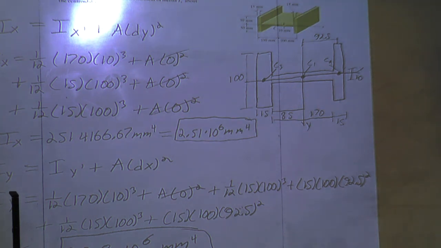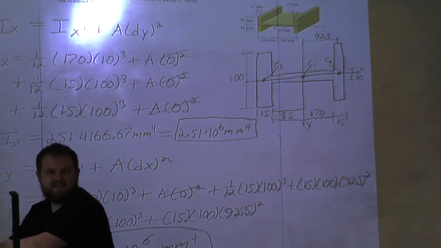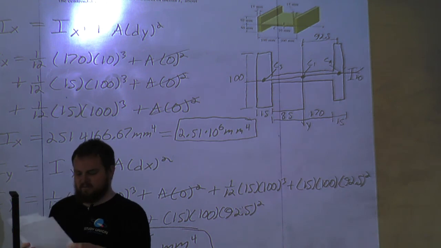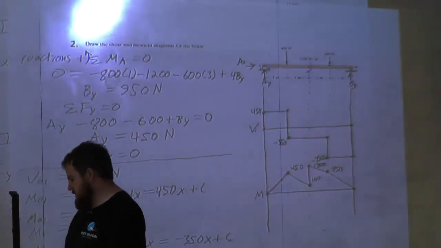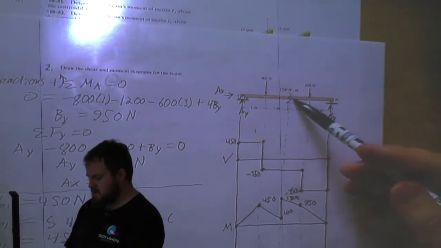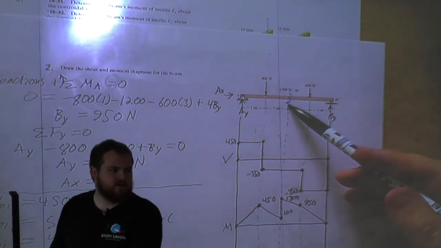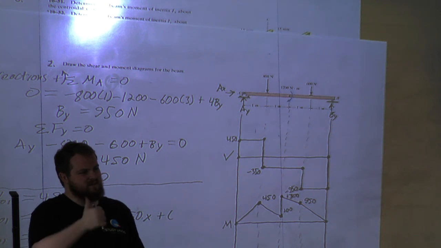Oh, so that's what I was trying to emphasize. I put that in my problems when we did the shear moment, because I know a lot of people would get tricked up with that. So this one that I did, the second one, this has a clockwise moment. It's reversed when you're doing shear moment. So it's going to go the other way.